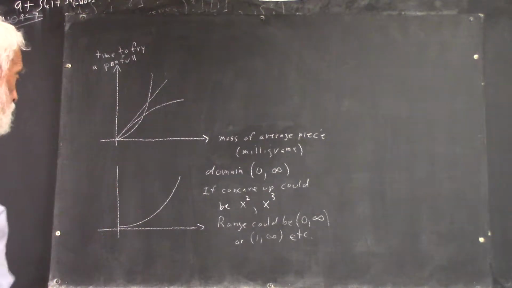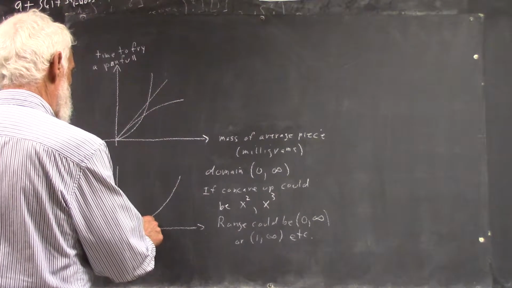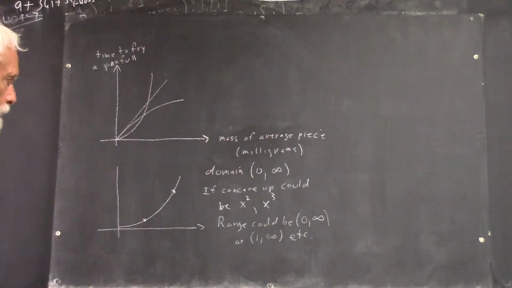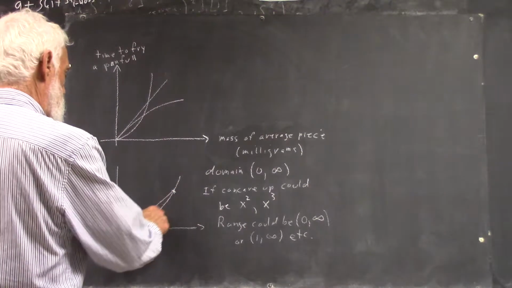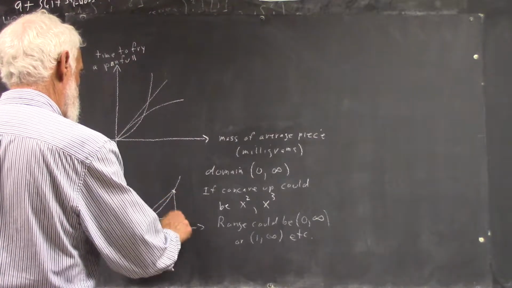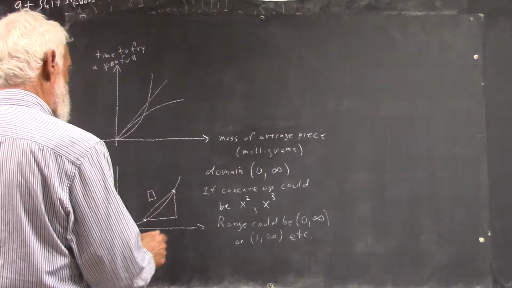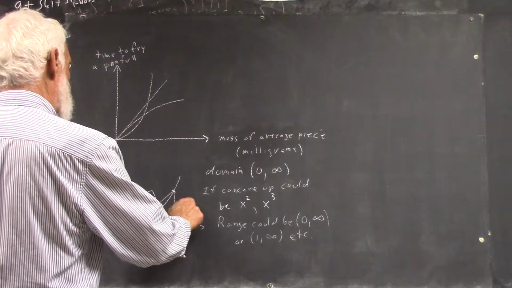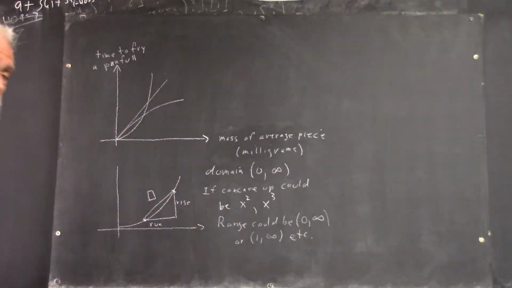Now what I really want to focus on though is, what's the meaning now of slope and the run and the rise of this fundamental triangle?